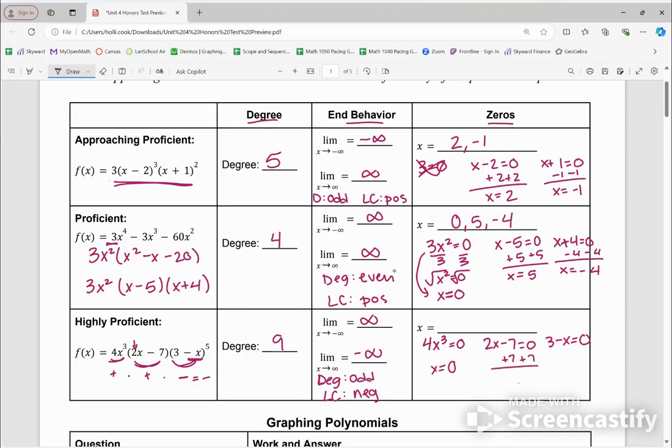And then this one I'm going to add 7, divide by 2, so we get 7/2. And lastly, solving for x, I'm just going to add x to both sides, and we get 3 equals x. So we have 0, 7/2, and 3. All right, and that's the first 3 sections.